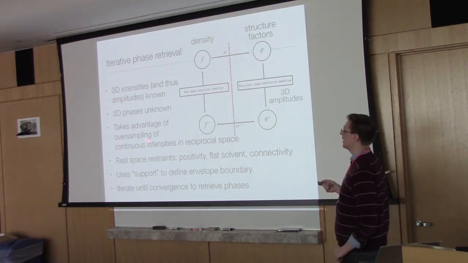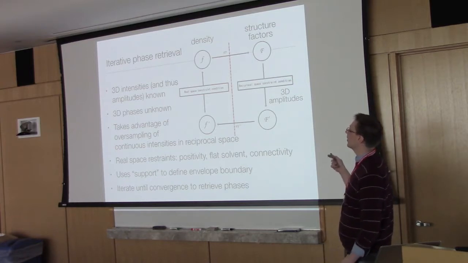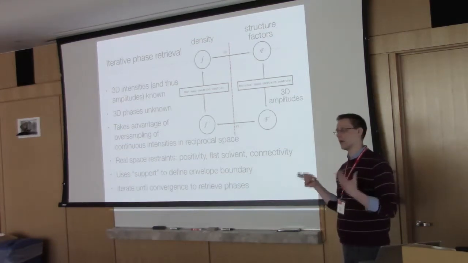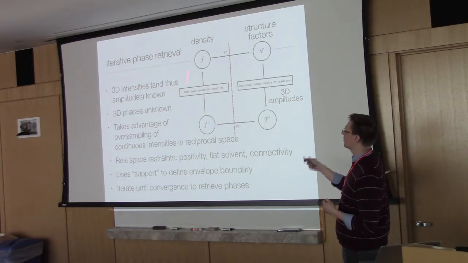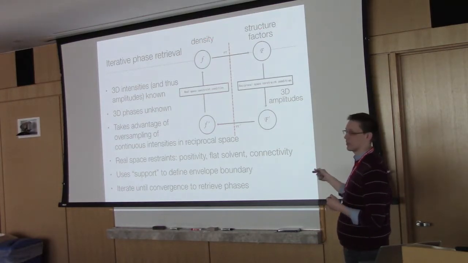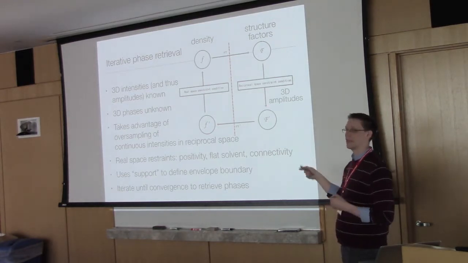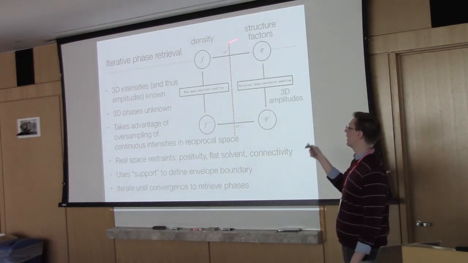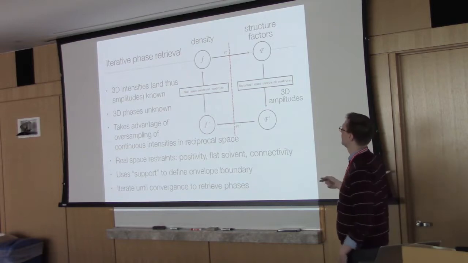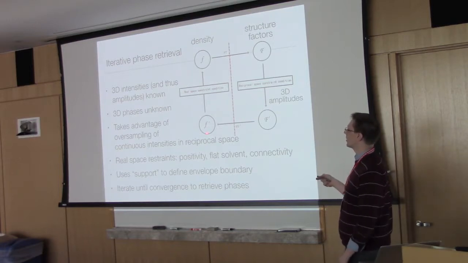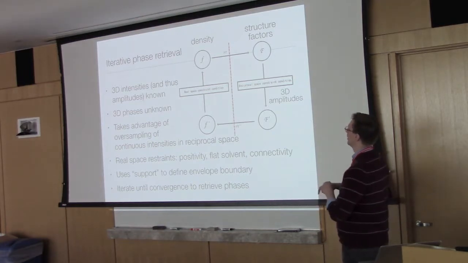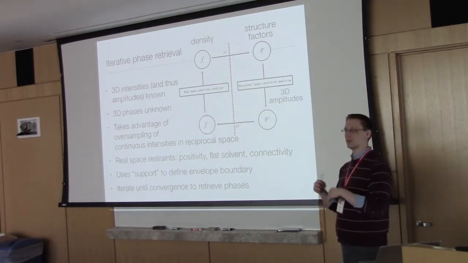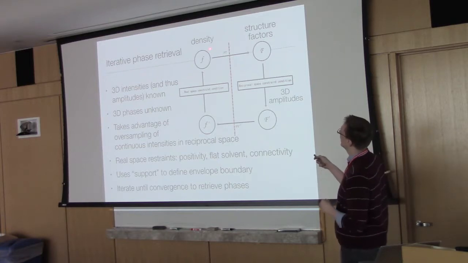So the way that we take advantage of this is by thinking about our electron density and structure factors in two domains. We have our real space representation of our molecule, and we have our reciprocal space representation of our molecule. And these two spaces are in fact equivalent. They're just related by Fourier transforms, okay? And so what we do is we start with a random electron density. You take a volume of space that contains your particle and you just set it to random numbers.